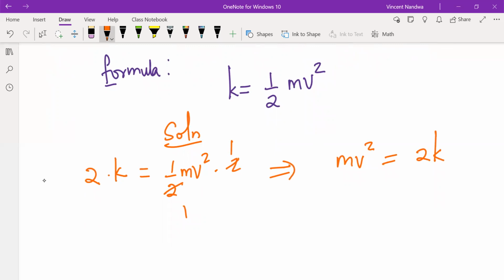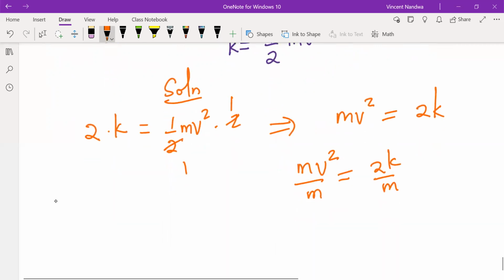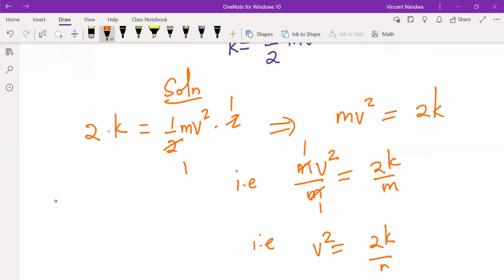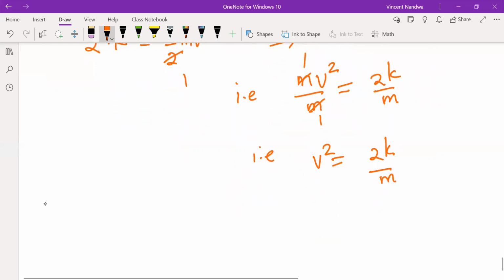So next, divide through by m. So m v squared over m equals to 2K over m. So that this and this cancels out. So we have v squared equals to 2K over m. Now to remove a square, we get the square root, but remember square root is as plus or minus.